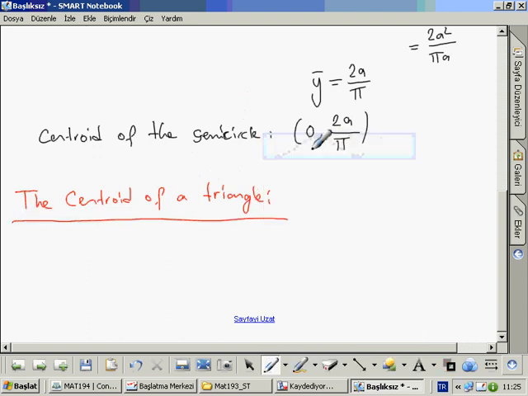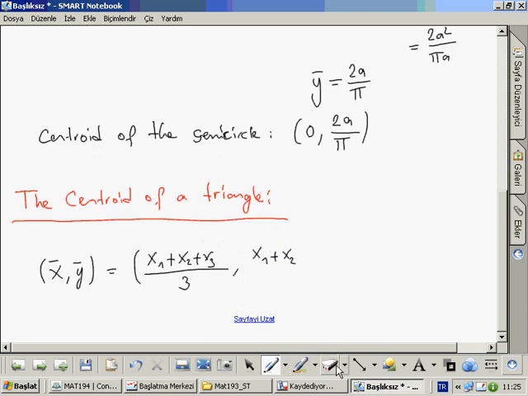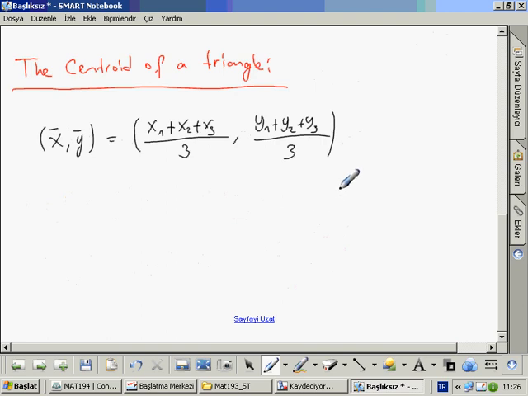This is also a physics problem, and it's not hard to find the triangle's centroid. x bar, y bar equals (x1 plus x2 plus x3) over 3, and (y1 plus y2 plus y3) over 3, where the centroid of a triangle is the average of the corresponding coordinates of the three vertices of the triangle.